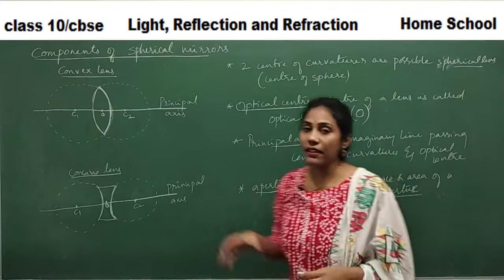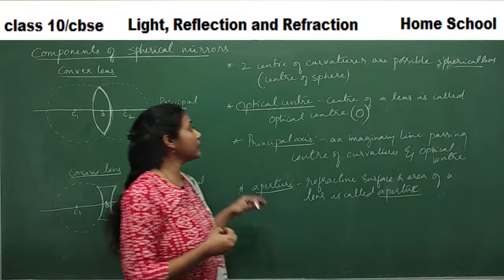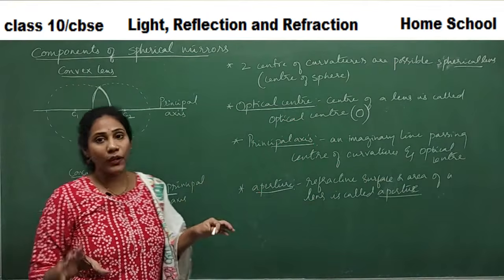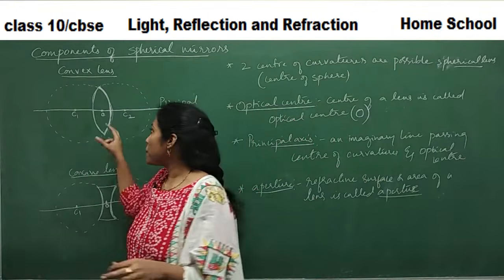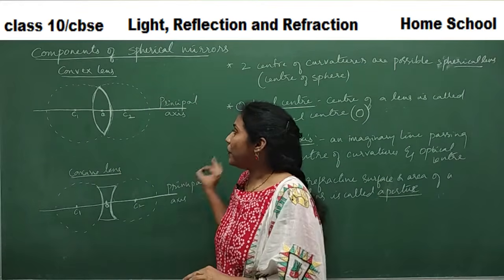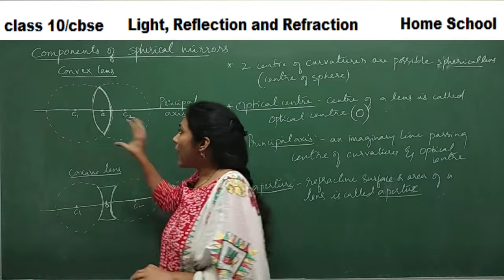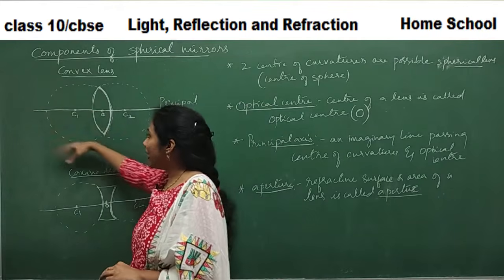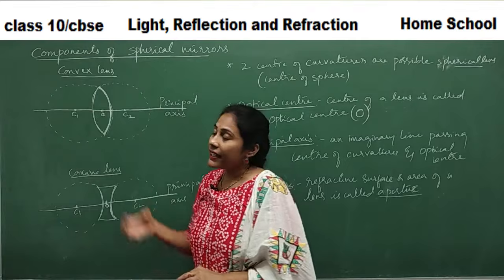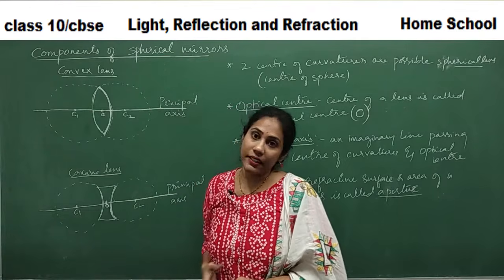So these are the few important terms and components that you have to remember in the case of spherical lenses. Make a point that two centers of curvature are possible here, because out of one lens you can imagine two spheres, and each sphere will have its own center.